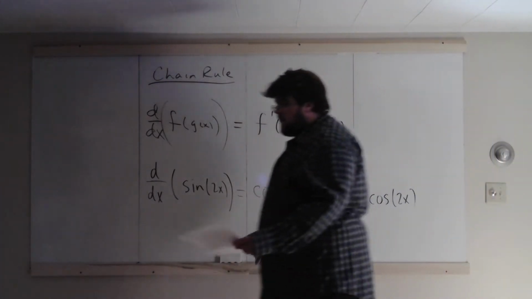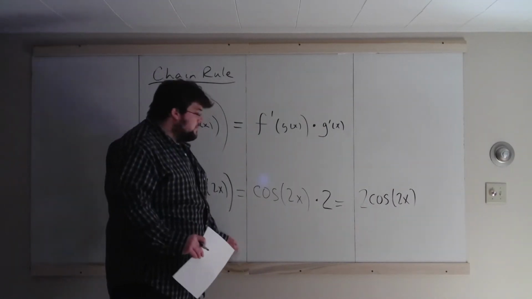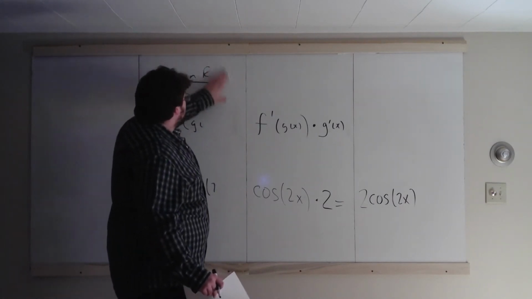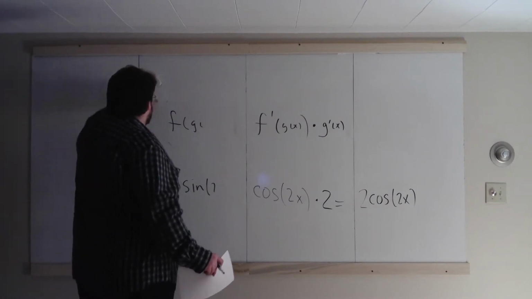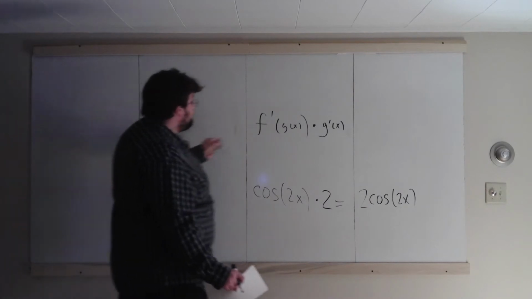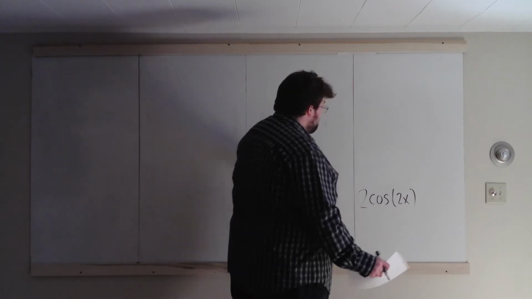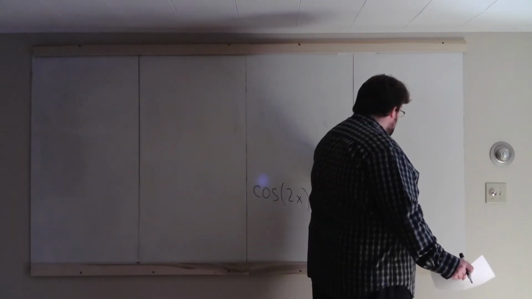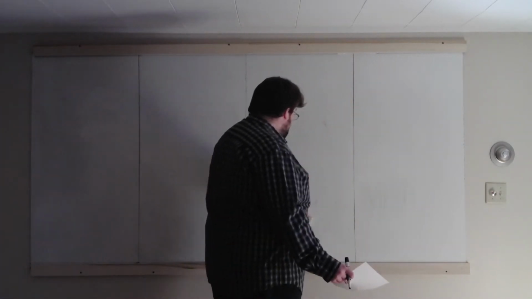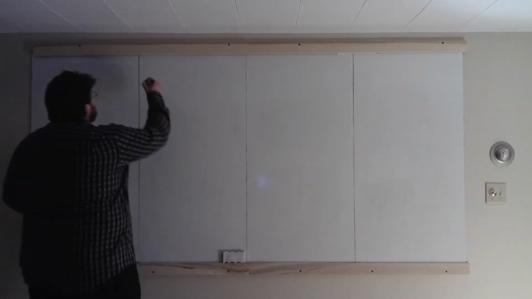Now, certain compositions aren't immediately obvious to see. So there is an alternative notation we could use for the chain rule. We can introduce another variable, and even though we introduce another variable, in some ways it makes the computation a little easier. So we'll say alternative notation.